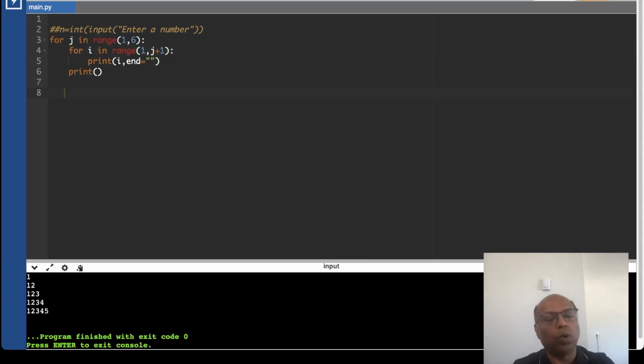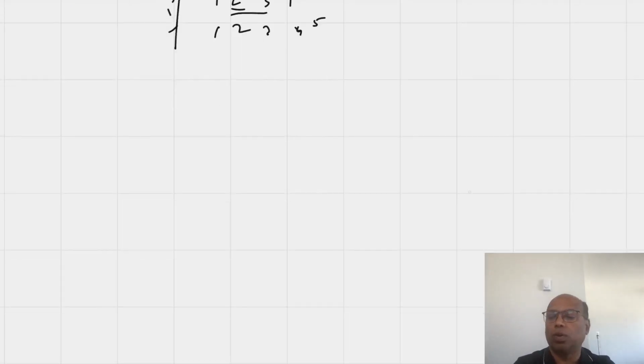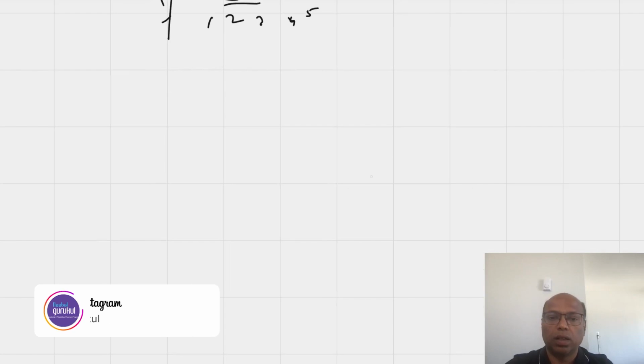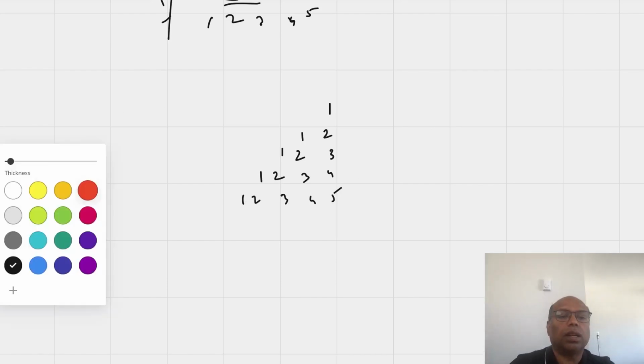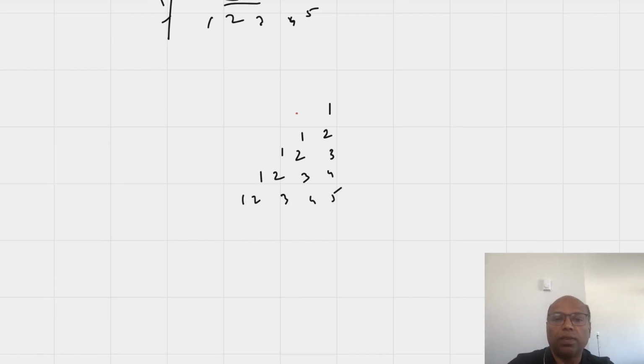I wanted to go like this. I want the output to go like this. What is that? 1, 1, 2, 1, 2, 3, 1, 2, 3, 4. 1, 2, 3, 4, 5. What I'm going to do? Here I have 4 columns, 4 spaces are there.